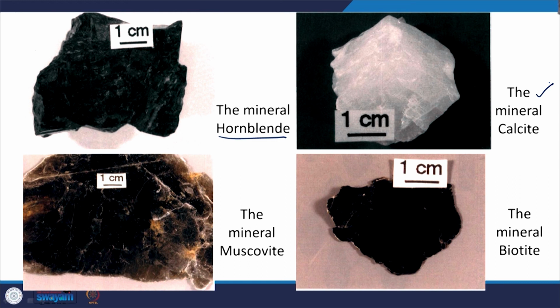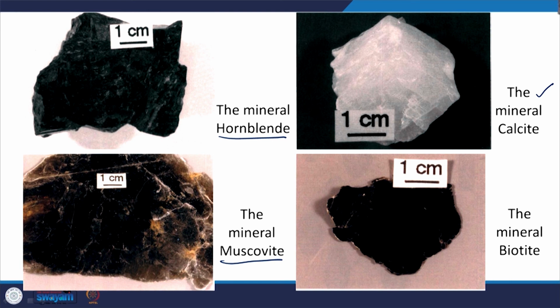The moment you see such reactivity with HCl, we can immediately identify that the mineral may be calcite. The next one is muscovite. From the figure it must be clear that this can be split into thin sheets, and these are flexible elastic sheets.